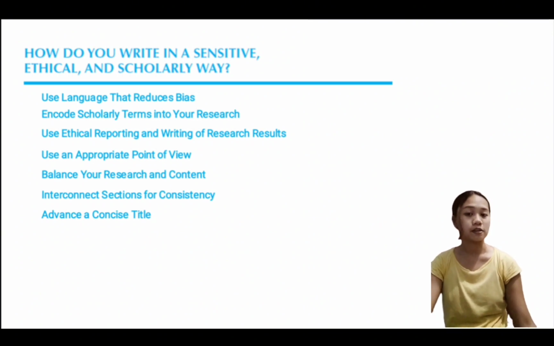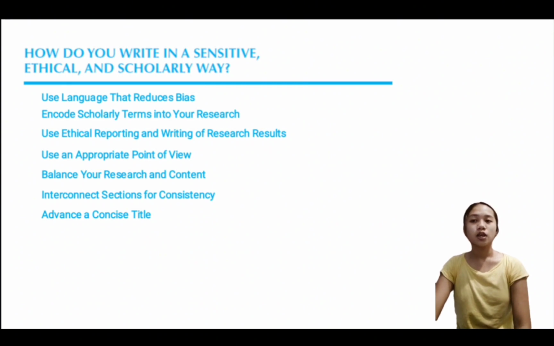Next is to use an appropriate point of view. In academic writing, researchers often use the third person to refer to themselves. This is to maintain an objective and formal tone. Then, balance your research and content.